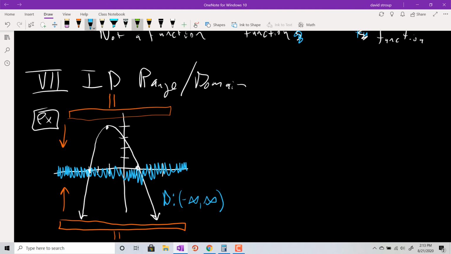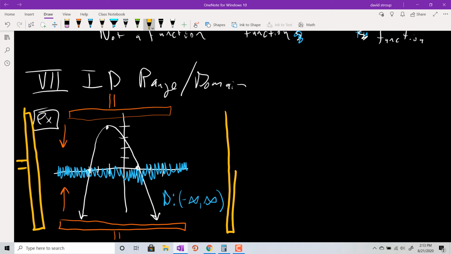Okay. The range is the other direction. If my trash compactor was smushing it onto the y-axis, so maybe these yellow things represent the two things smushing in, going in this direction and smushing the graph onto the y-axis, then where would the residue be?